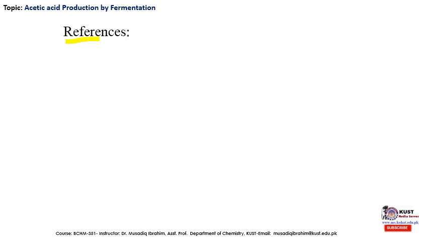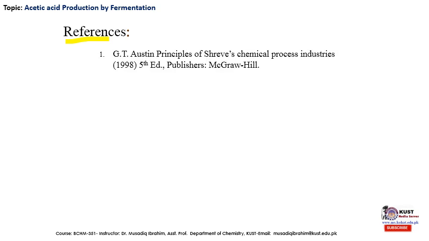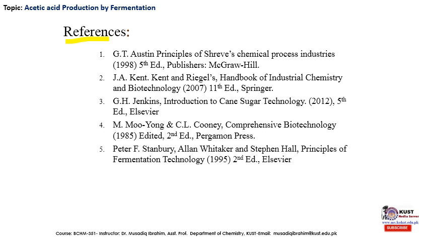Now the references which need to be followed for further understanding and for further reading are mentioned here, and the serial number 5, the book with the title Principles of Fermentation Technology, is very relevant to this topic, and it is written by Peter F. Stanbury, Alan Whitaker, and Stephen Hall.